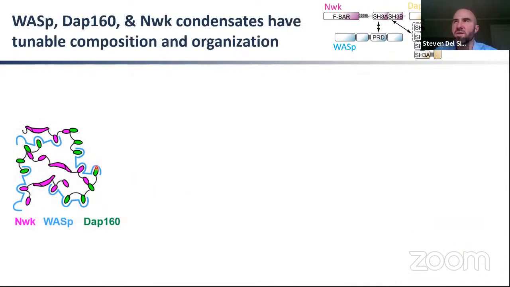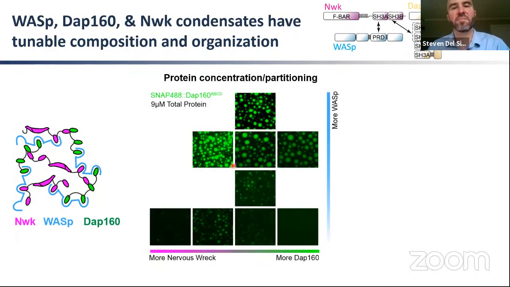What I found so far is this: if we take just the protein-protein interactions, which can form these dense interconnected meshes, protein interaction networks, the first feature is that depending on the relative concentration, we can see really interesting differences in the condensates that form. This is a titration of the stoichiometries of these different proteins.